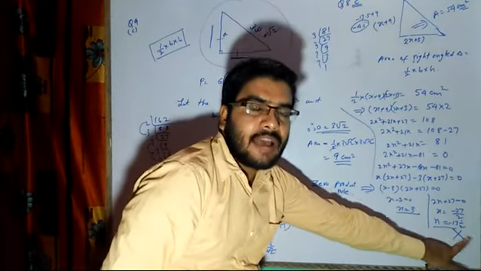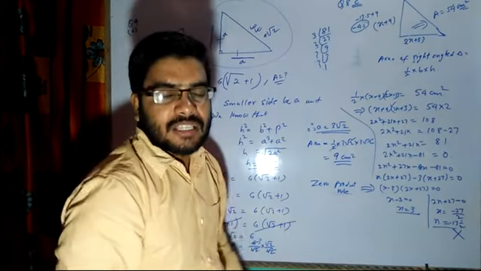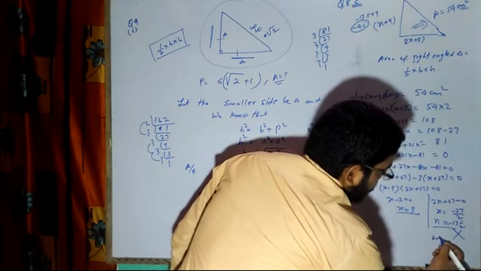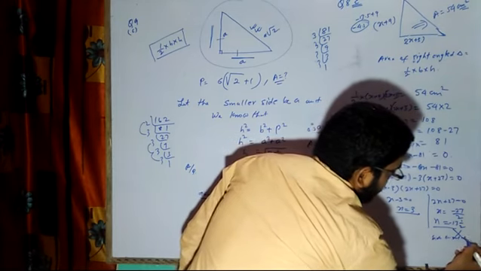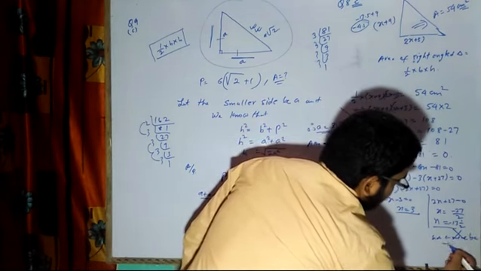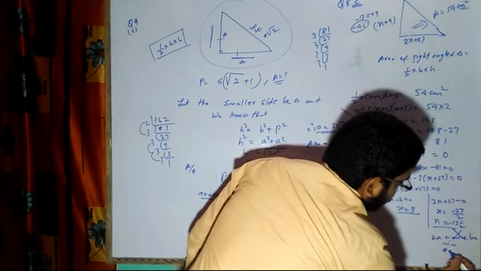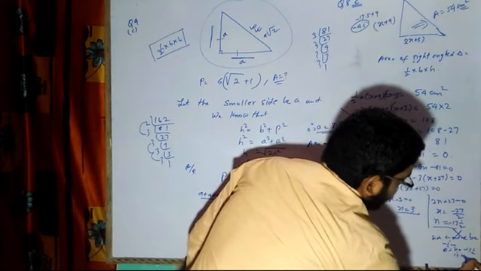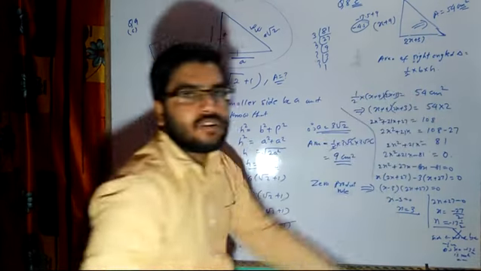I will not consider x = −27/2. Write that a side can never be negative. Therefore x = −27/2 is not accepted. You will write not accepted.